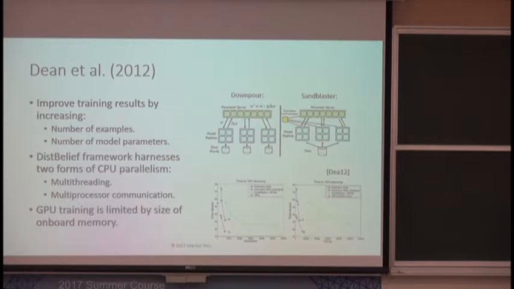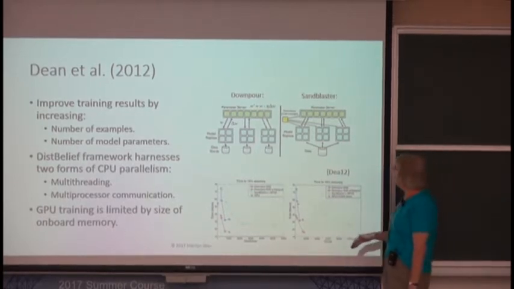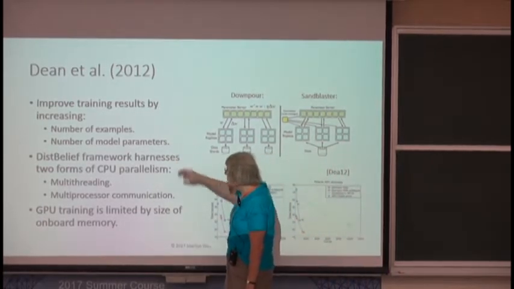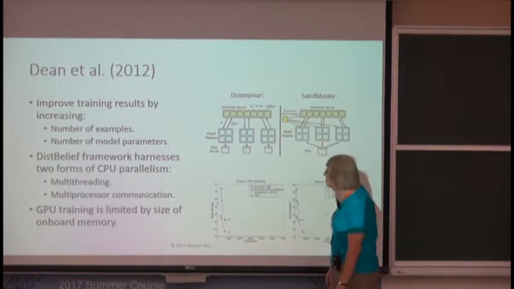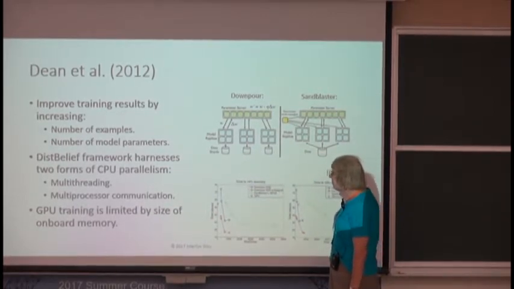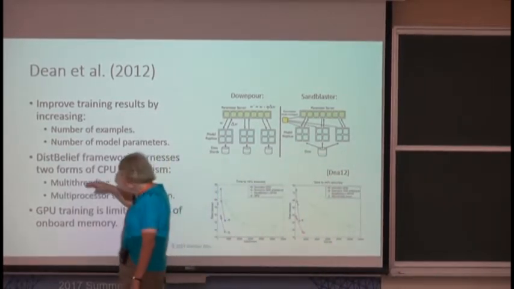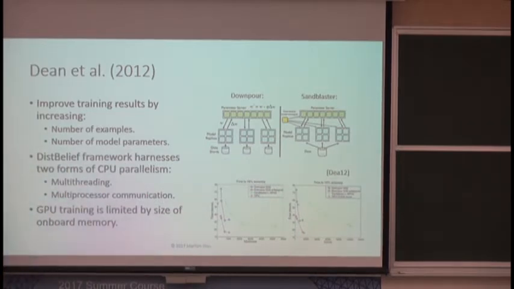Well, we want to run more examples. We want to increase the number of model parameters. So this paper talks about making use of two forms of GPU parallelism in particular to help us improve the running time and the accuracy of our training algorithm.